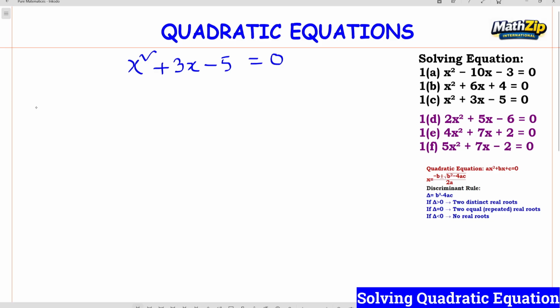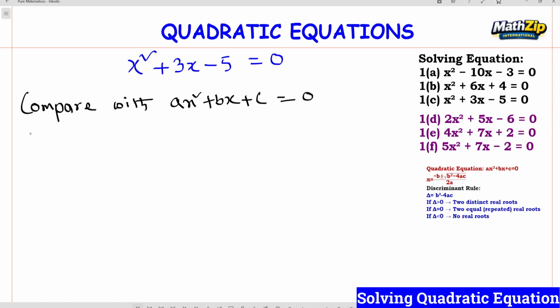First we have to compare with ax square plus bx plus c equals 0, where a equals 1 because 1 is the coefficient of x square, b equals 3, and c is the constant, which is minus 5.